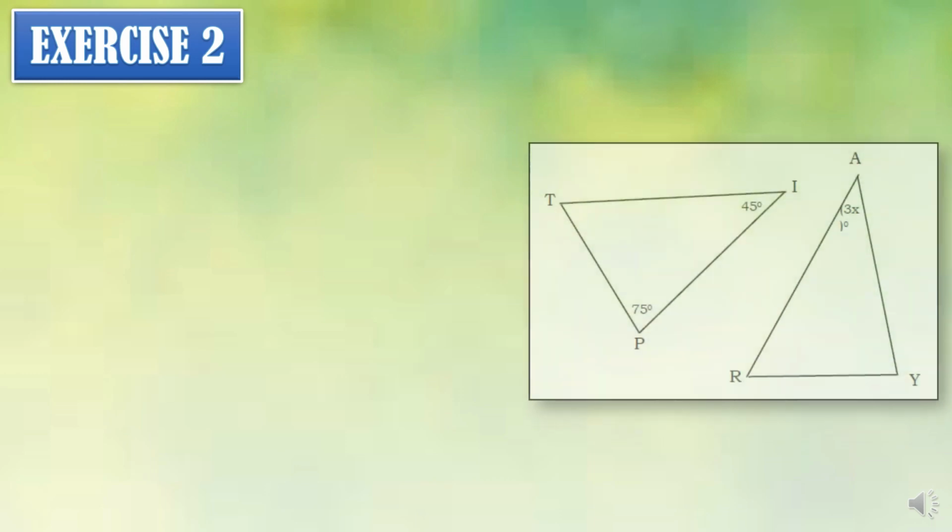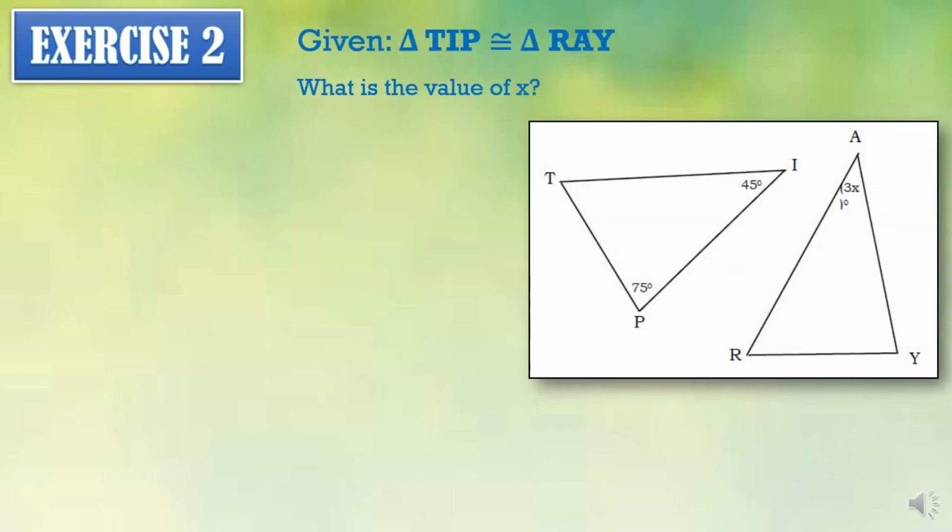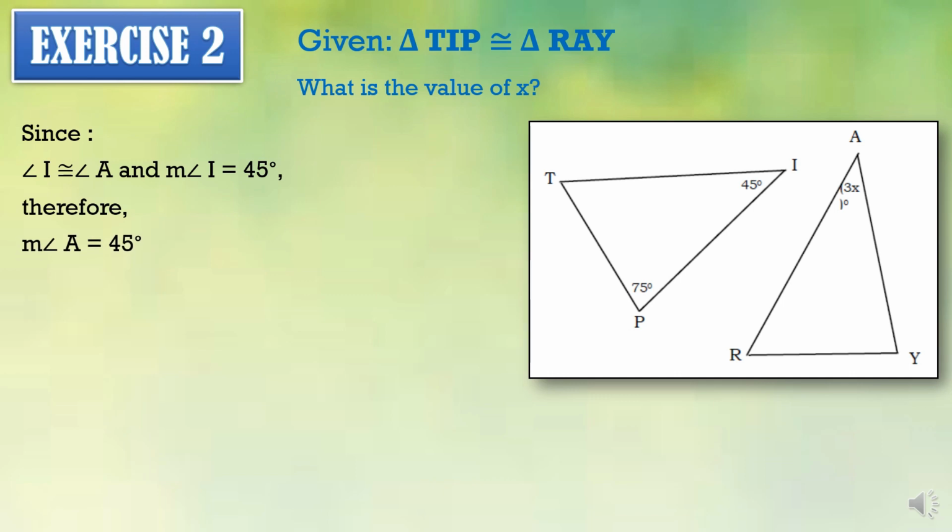Okay, for exercise 2, given that triangle TIP is congruent with triangle RAY, what is the value of x? Since angle I is congruent with angle A, and the measure of angle I equals 45 degrees, therefore, the measure of angle A is also equal to 45 degrees.